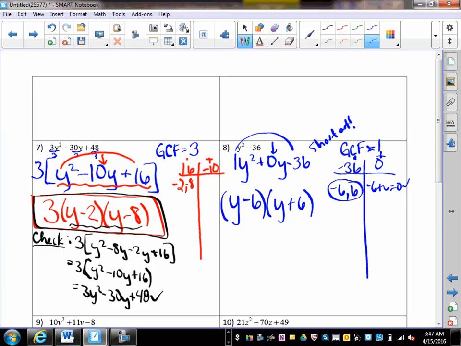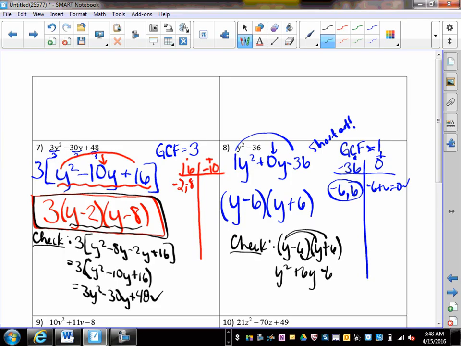Now we gotta check it. Alright, let's check and see if our shortcut works. We get y squared plus 6y minus 6y minus 36. Should have got the same thing. We should all be writing this down.